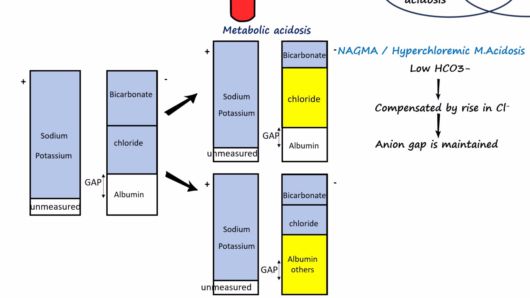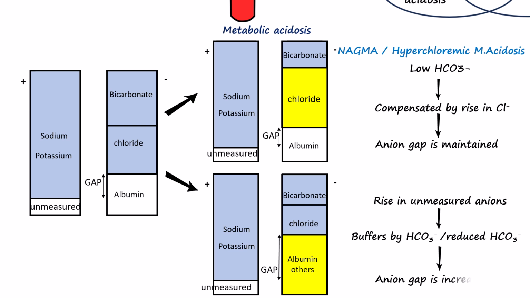In such metabolic acidosis, these acids release hydrogen ions, which are buffered by bicarbonate, and this buffering reaction reduces the bicarbonate levels. Ultimately, the accumulated unmeasured anions take the place of bicarbonate, increasing the anion gap and causing high anion gap metabolic acidosis, or HAGMA in short.